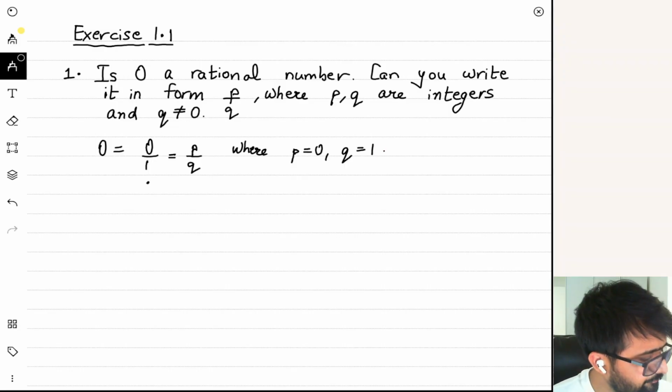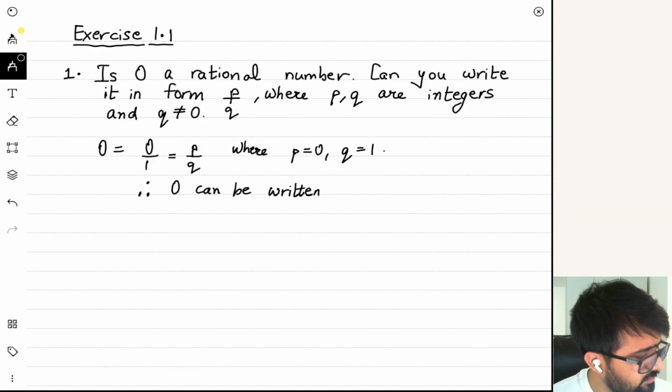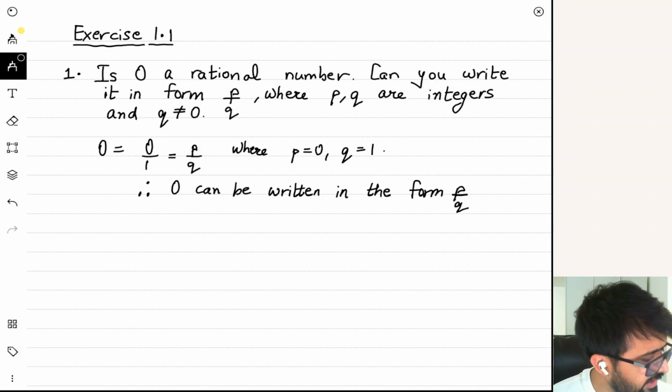So therefore, 0 can be written in the form P over Q, where P and Q both belong to integers.